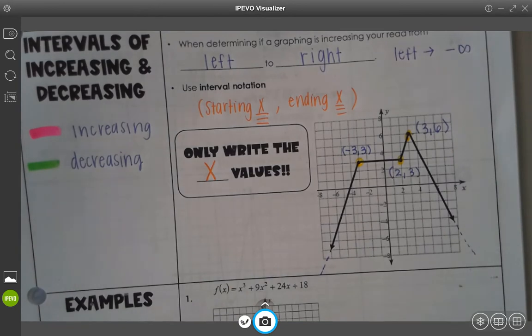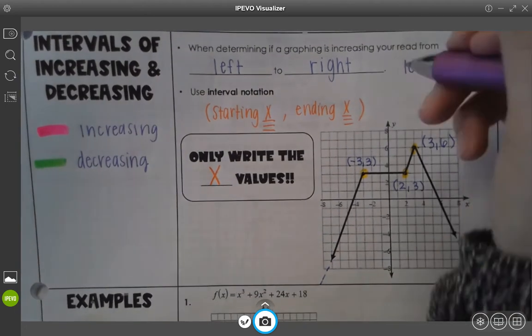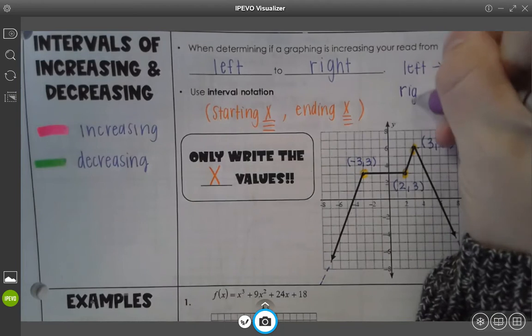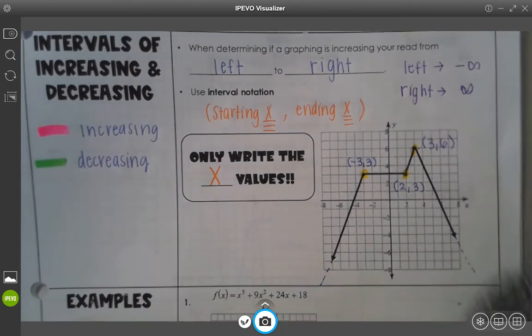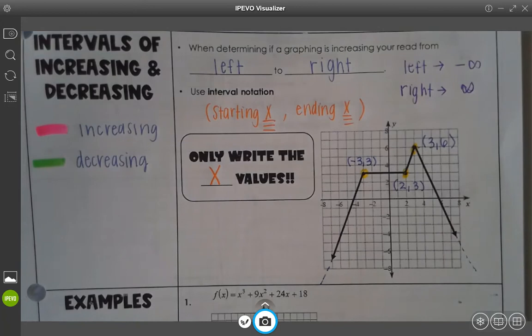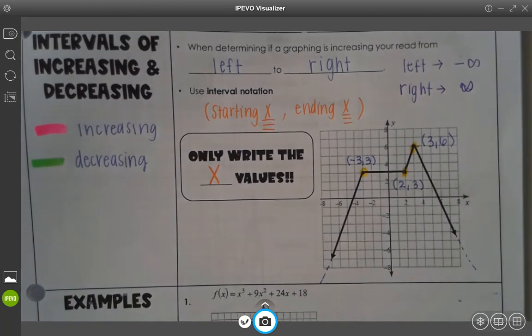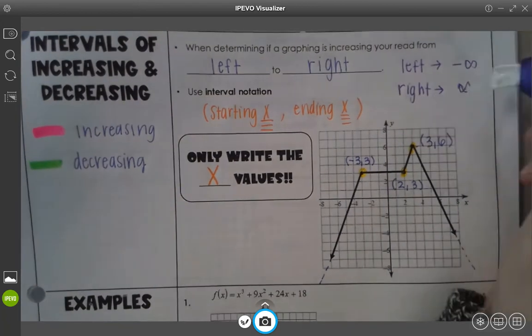If the arrow is on the left side, it doesn't matter if it's pointing up or down, we put negative infinity. And if it's on the right side, we put positive infinity. Dang, that was a really bad infinity sign. Some people turn their page sideways and draw an 8.